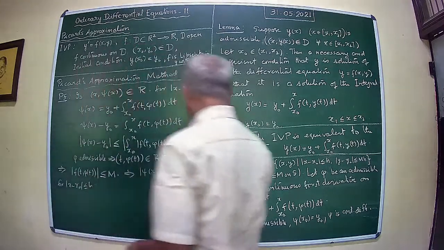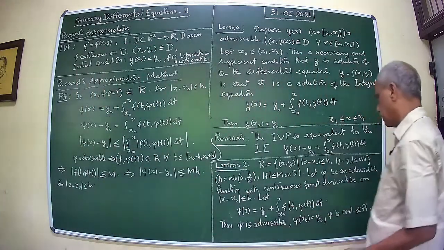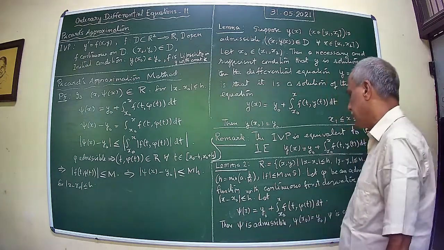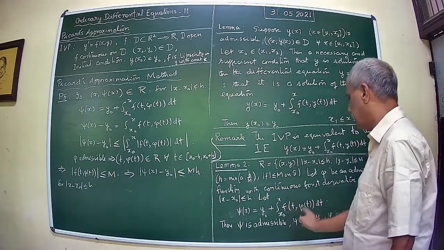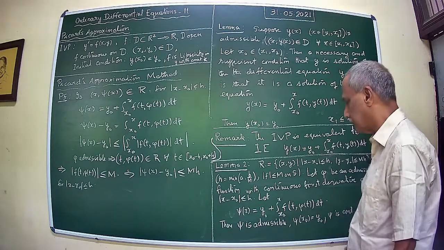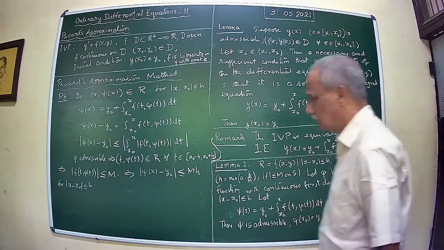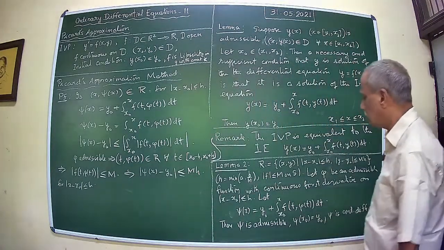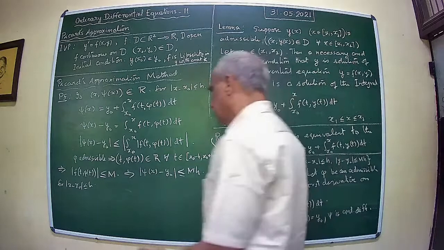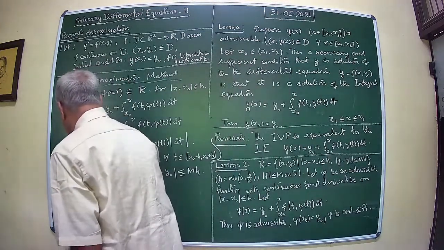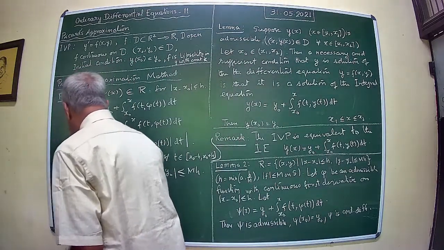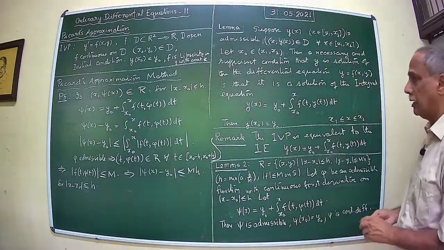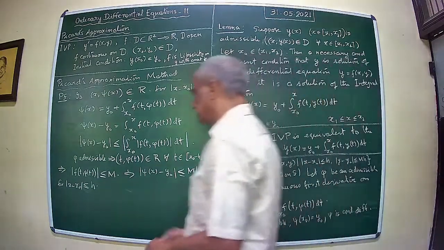The other two parts of the statements are very simple to verify. This is differentiable, that is because you see this is a continuous function, you are integrating over the interval this, and then this is a constant function. So you get a function which is differentiable, whose derivative is also continuous. Therefore psi is admissible.